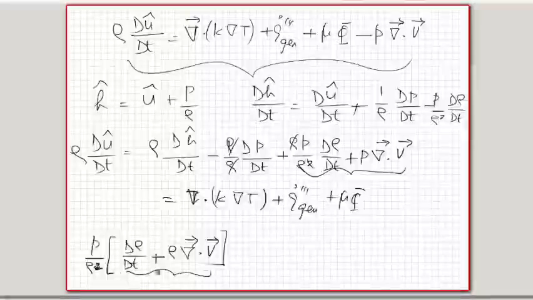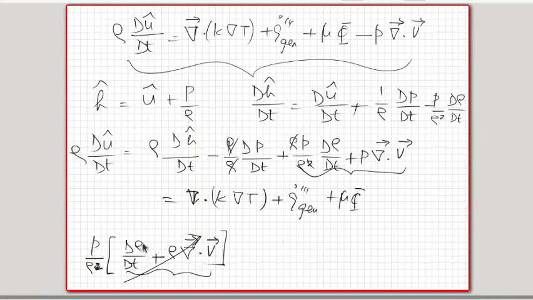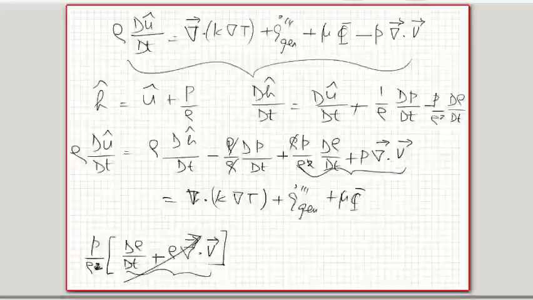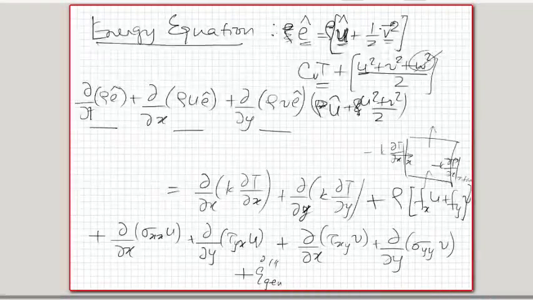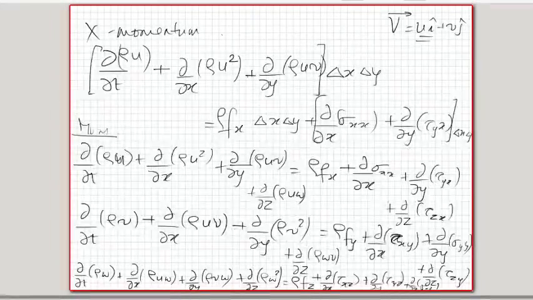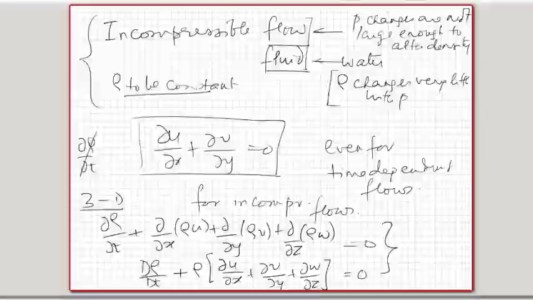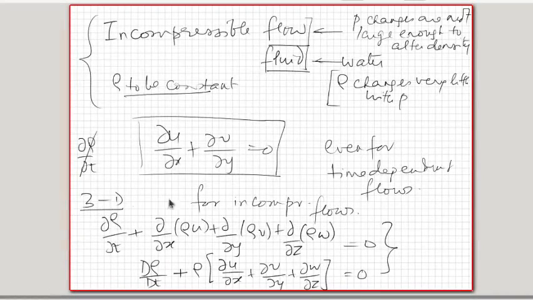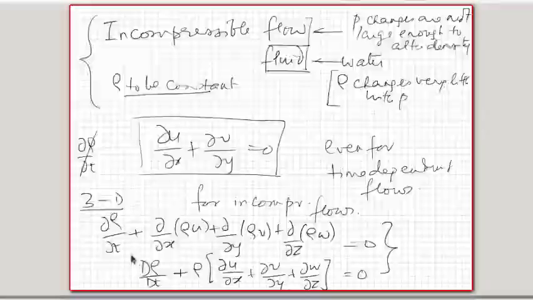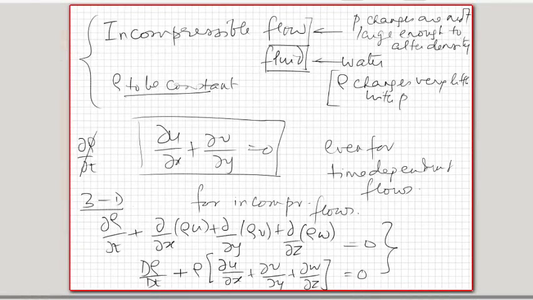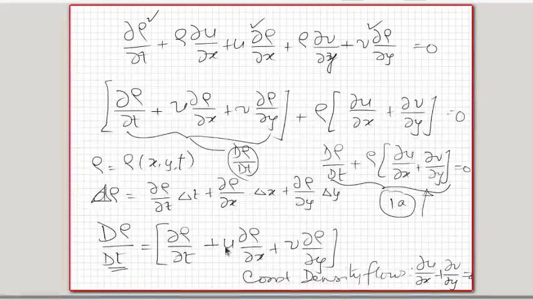Okay, and this from the continuity equation we know is 0, because in the continuity equation derivation we wrote that d rho/dt plus rho del dot v is equal to 0.